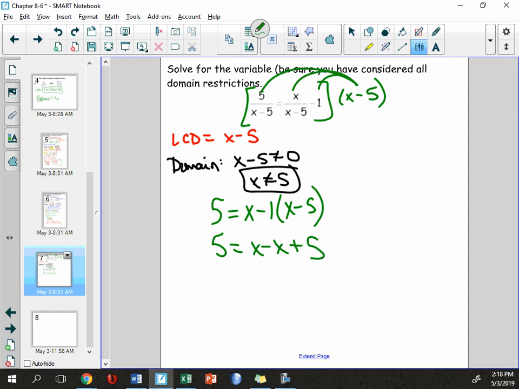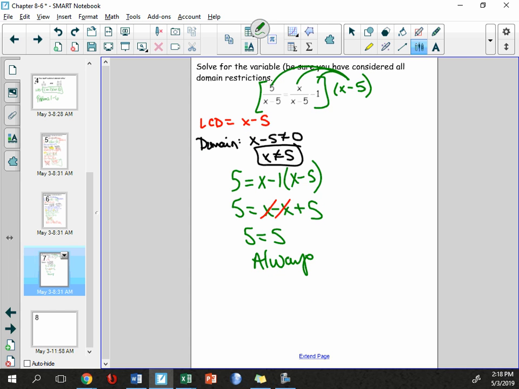Combine like terms. So what happens? So what remains? It's always true, and since it's always true, what is my answer? All real numbers except for x cannot be 5. Do we understand that, yes or no?